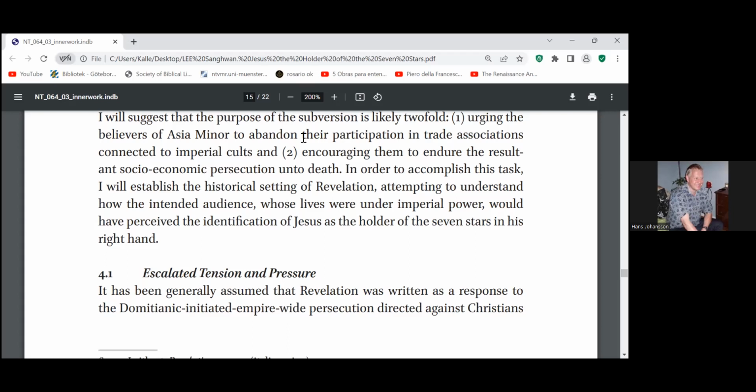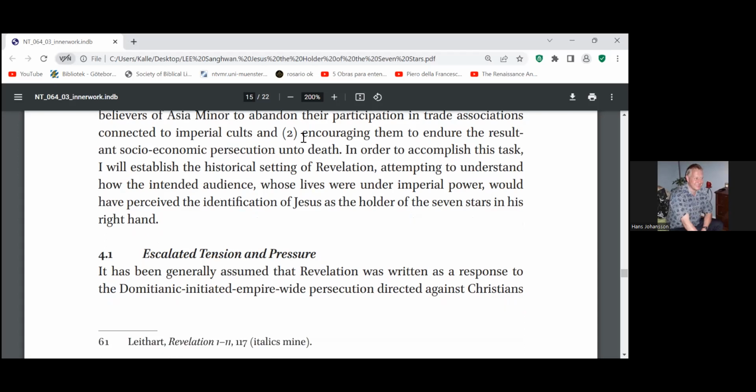One, urging the believers of Asia Minor to abandon the participation in trade associations connected to imperial cults, and two, encouraging them to endure the resultant socio-economic persecution unto death.